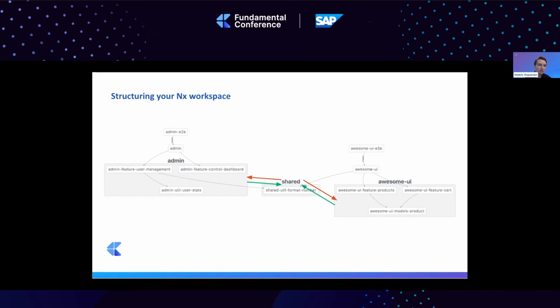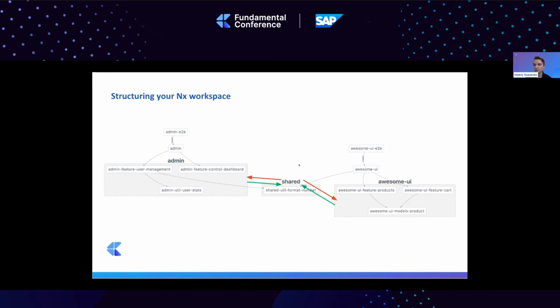In our case, it's an Awesome UI, an admin one, along with the shared scope, serving the purpose of any code that can be used by the previous 2 scopes. And if you visualize it on the graph, you will see that they are sort of vertically separated using these domains.